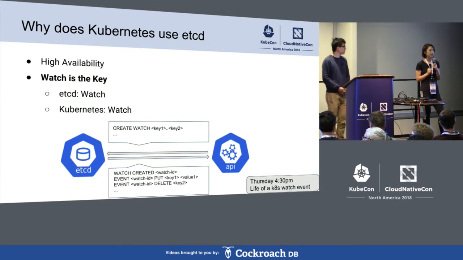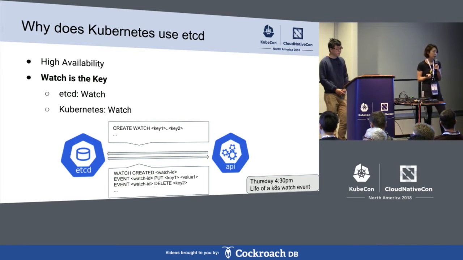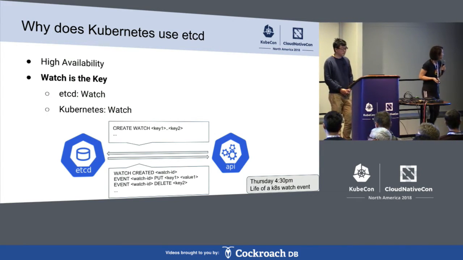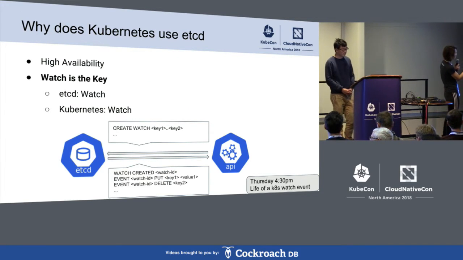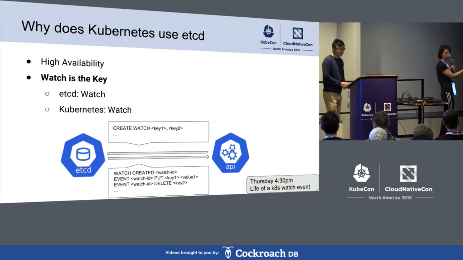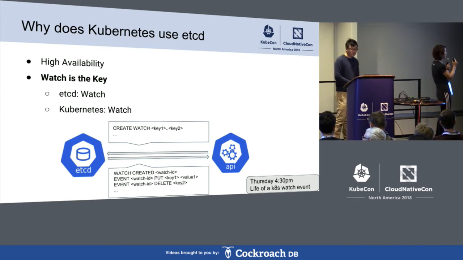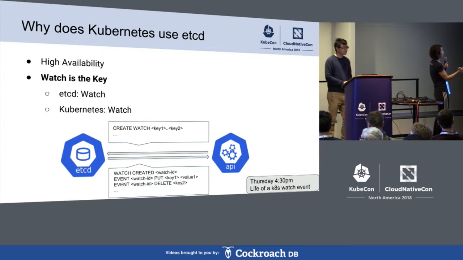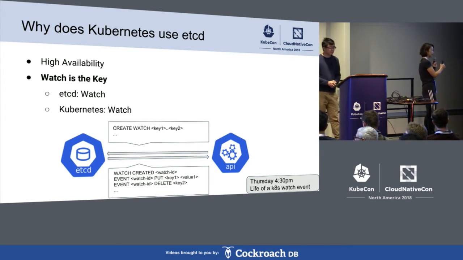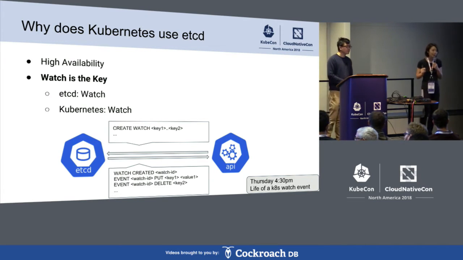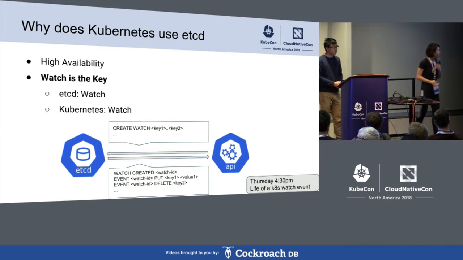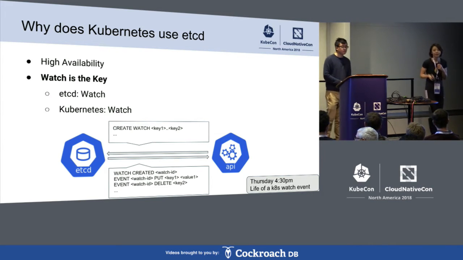So every time there is some change to a key, the watchers get notified, which is exactly what Kubernetes needs. I show this diagram of the talk between the API server in Kubernetes and etcd. They have this watch stream established between them, and the API server establishes the watch in that stream and gets the watch events from that stream. There is a talk tomorrow afternoon, the last talk of KubeCon, talking about more details of watch in Kubernetes. You're welcome to join.